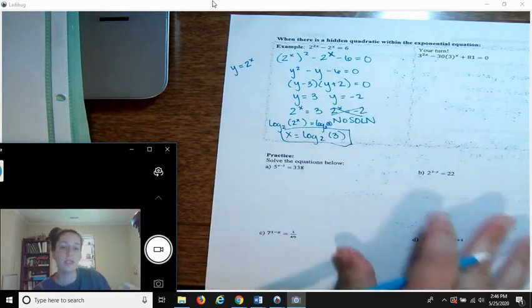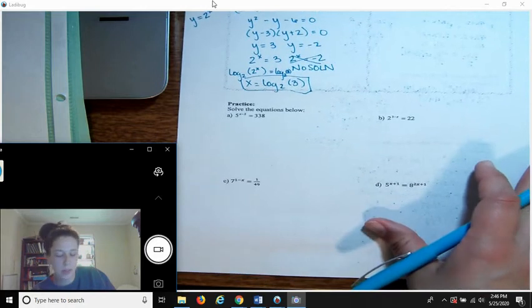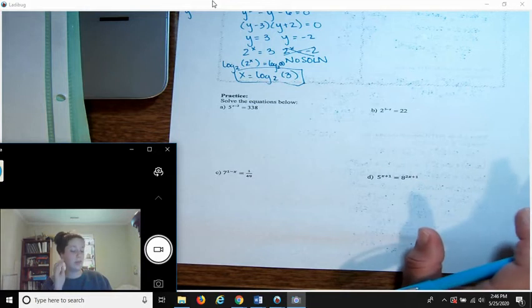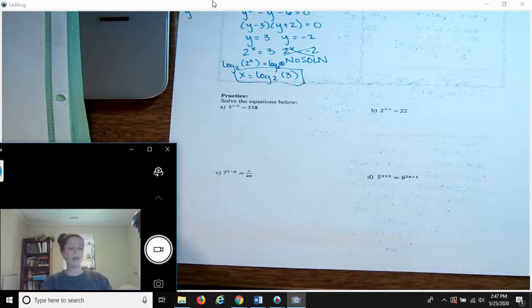All right, the next one is a you do. So you guys try it, and I will post the solution. And I'm going to go ahead and do that with the practice below as well. I'm going to post the solutions, but I want you guys to go ahead and practice. I'm going to put a short assignment up with some exam style practice for solving exponential equations.